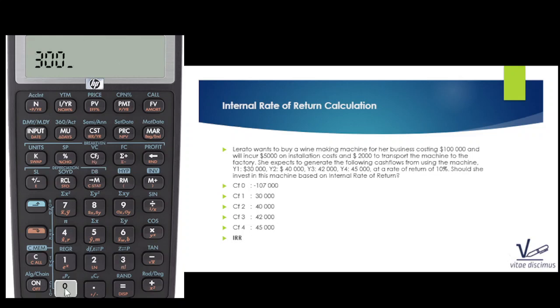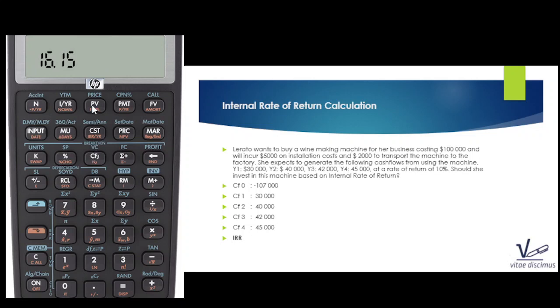Then 30,000 cash flow 1, 40,000 cash flow 2, and 42,000 cash flow 3, then 45,000 cash flow 4. Then from there, we press shift and activate the orange IRR.